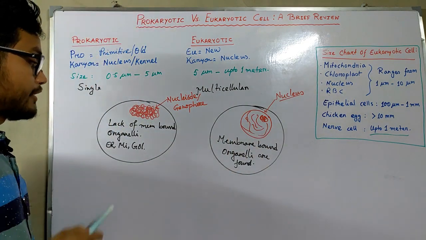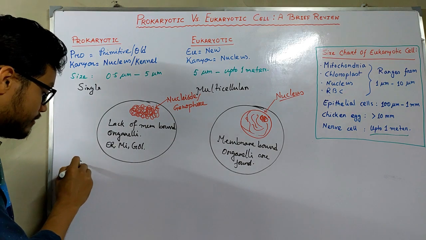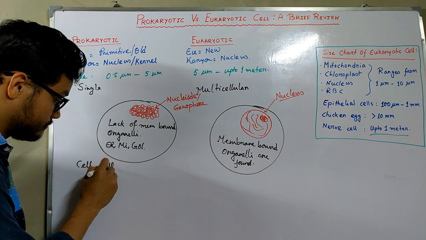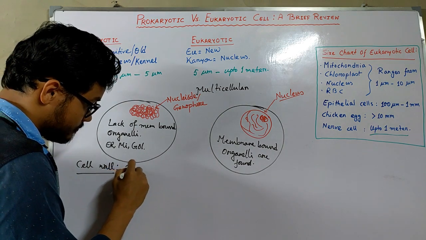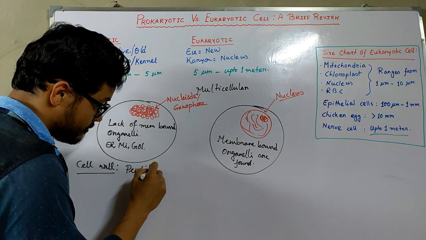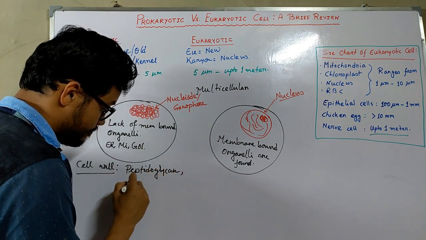The major thing about a prokaryotic cell is that it consists of a cell wall, which is composed of peptidoglycan or mucopeptide.